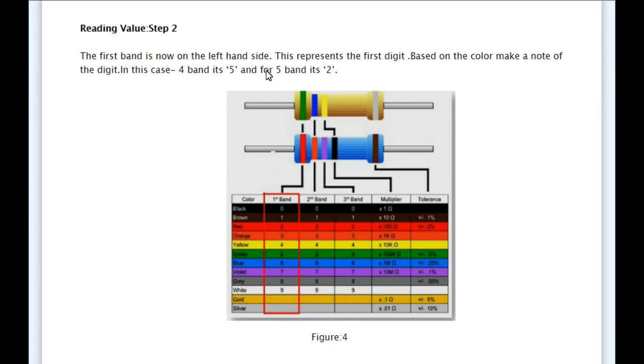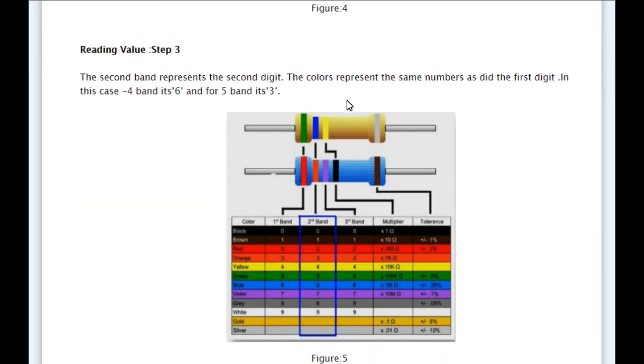Now the second step, where you have to define the numeric value according to the color code. The first band, on the left-hand side, represents the first digit based on its color. Make a note of your digits.